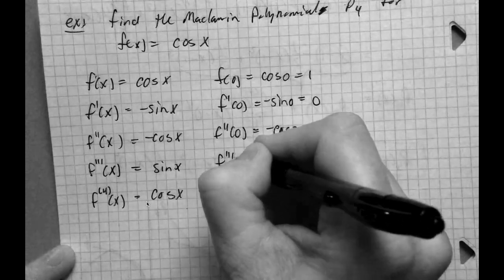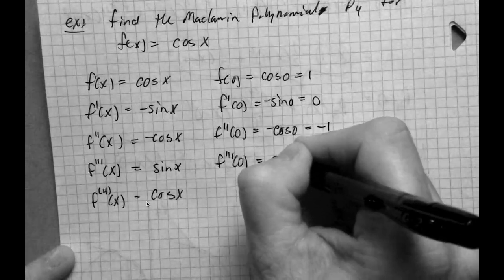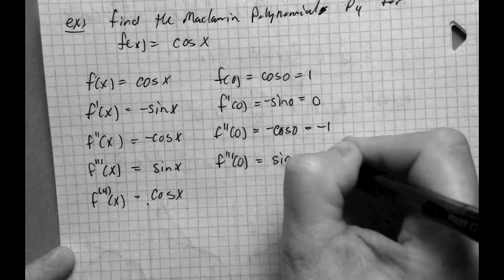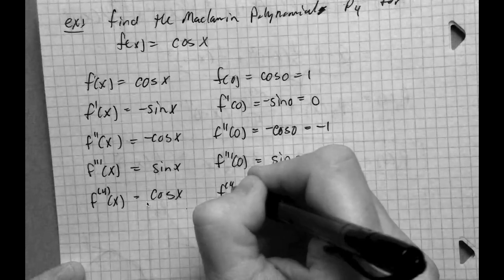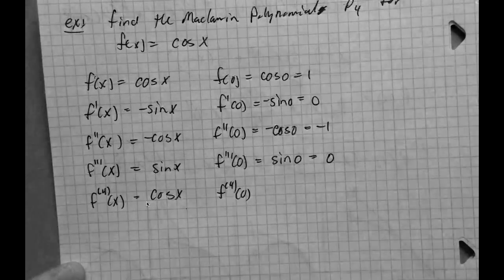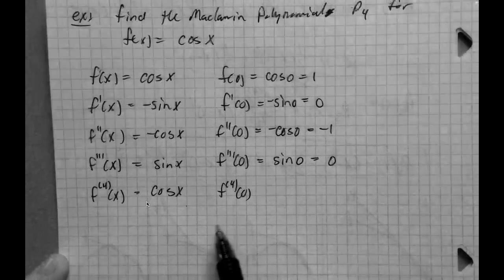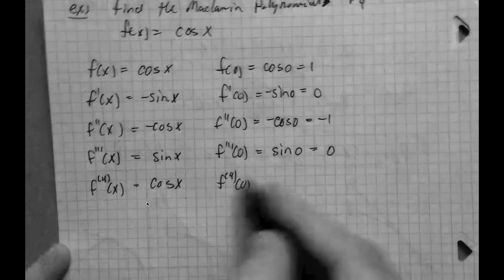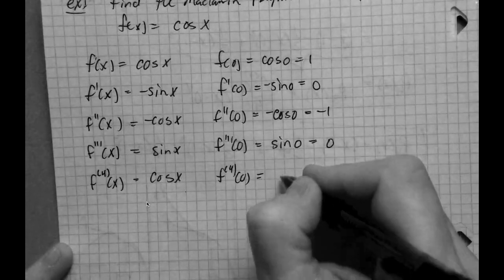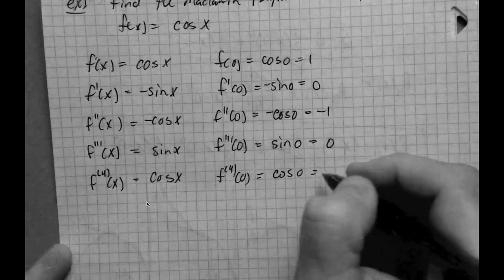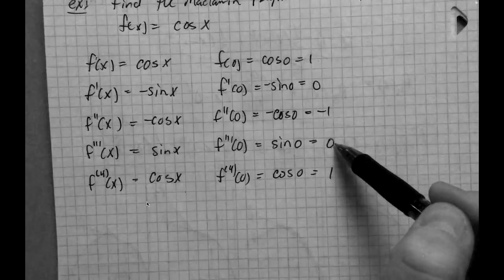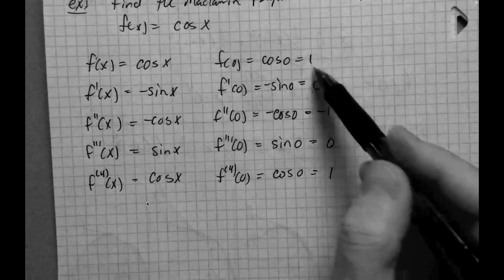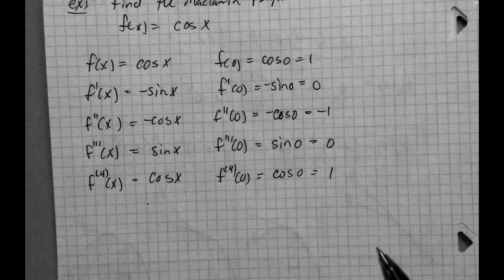F triple prime of 0 is equal to sine of 0, which is 0. And the fourth derivative, evaluated at 0, is equal to the cosine of 0, which is 1, right? So your pattern is 1, 0, negative 1, 0, 1, 0, negative 1, 0, and it's just going to repeat.